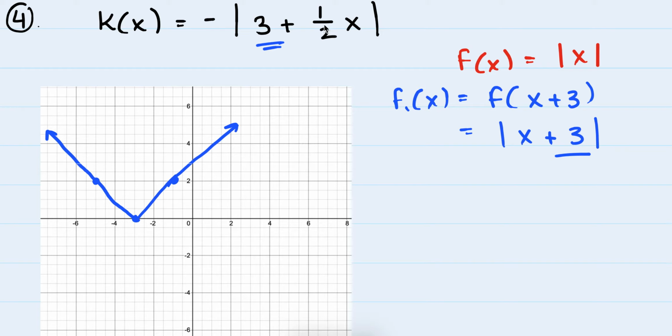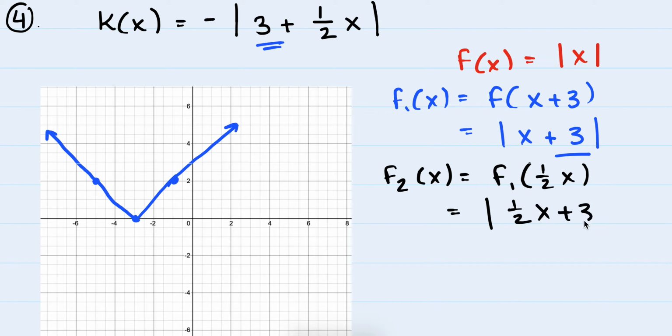I am going to plug in the 1/2 next. So f2 of x is going to be f1 of 1/2 x. And if I do that, wherever I see an x in f1 of x, I plug in 1/2 x. You can see we're almost there.